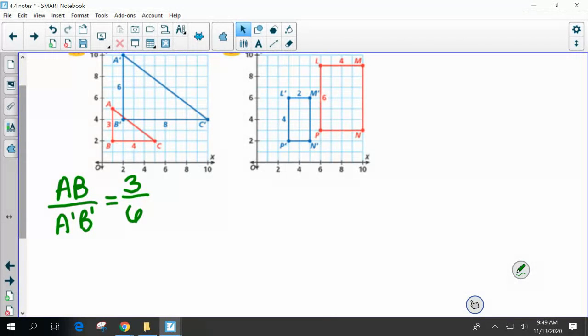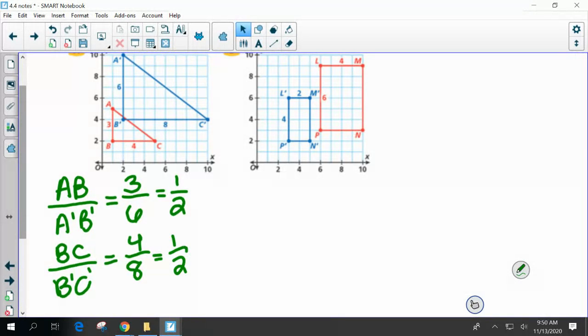So if I reduce that ratio, what's 3 over 6? 1/2. Okay, then we're going to look at the second side, BC over B prime C prime. BC is 4 and B prime C prime is 8. And what does that reduce to? 1/2. So the ratios are the same. That means this is a dilation.